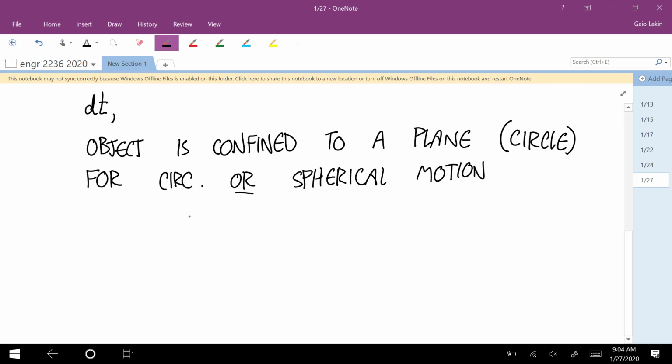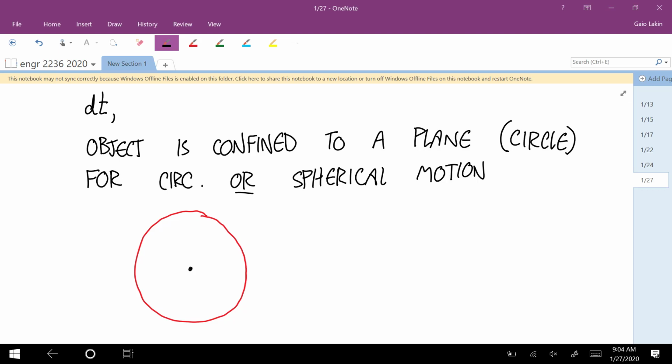And so what you have, if this is the circular path, we're talking about some infinitesimal time interval. So how far does an object move over an infinitesimal time interval?